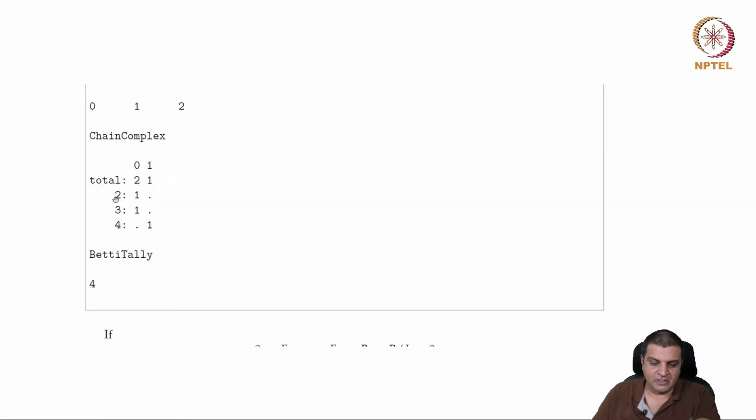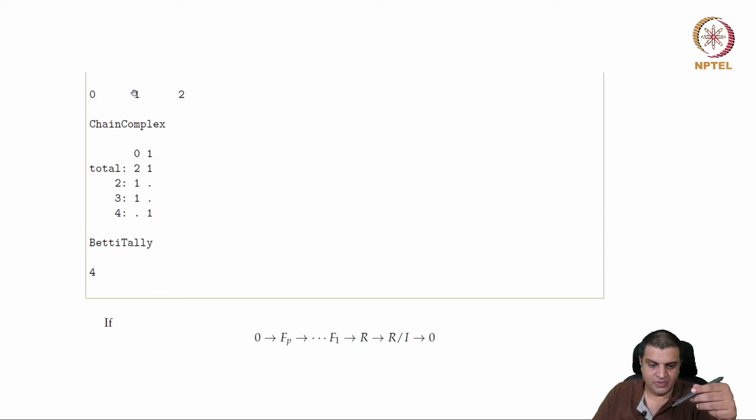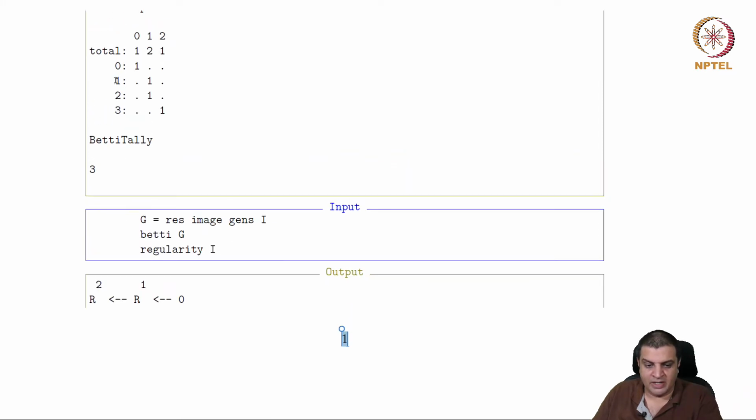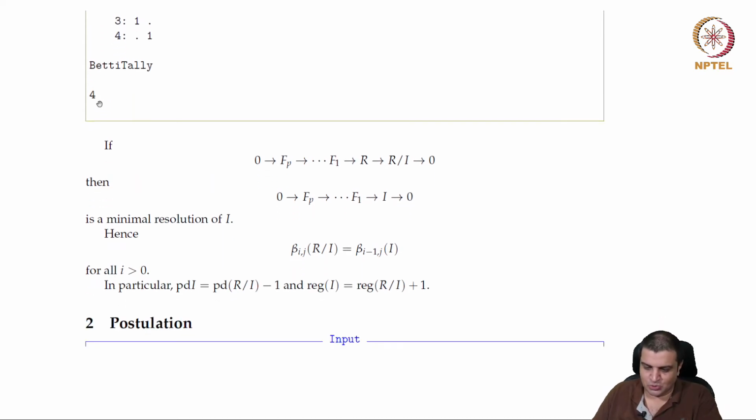The difference between this Betti table and the other is that there is a 1 here corresponding to R. There is one more difference: the row indexes have changed, because the row index 1 in this column is degree 2, but here the row index will be 2. So this one's regularity will be 4. The regularity of the ideal is 4, the regularity of the quotient is 3. And it is indeed true.